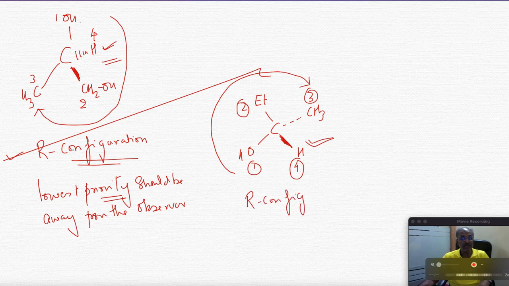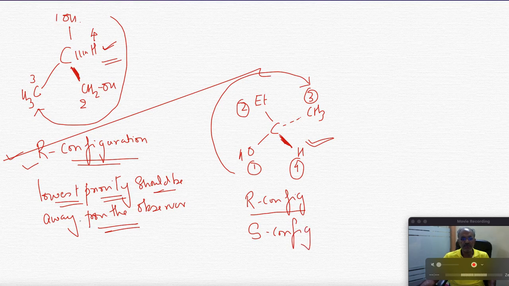It would be R configuration only if the lowest priority group is away from the observer, but here the lowest priority is towards the observer. Since it is towards the observer, automatically you have to write it S configuration. Just try to understand.